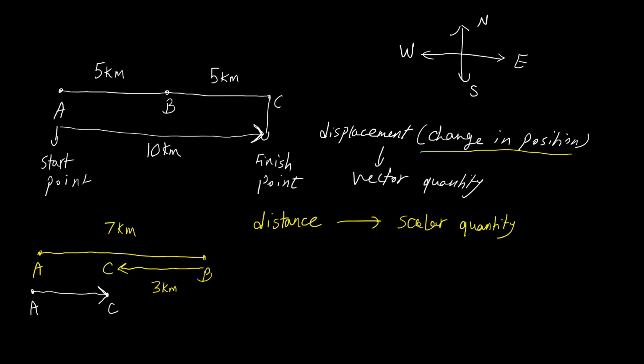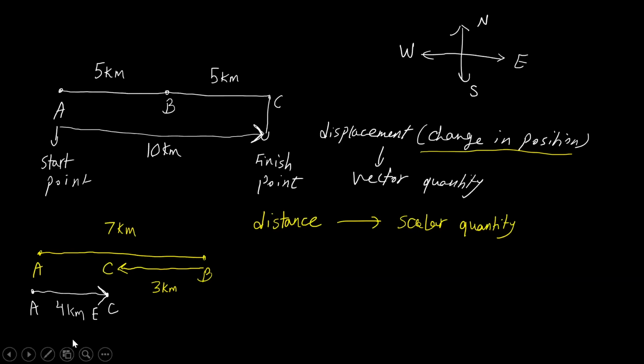So what's the magnitude of this one? It is 4 kilometers. What's the direction? If we look at this guide, the direction is east. So I ran 4 kilometers to the east. And right now I'm talking about displacement. That is a vector quantity.